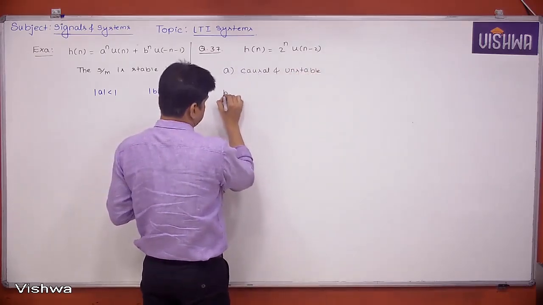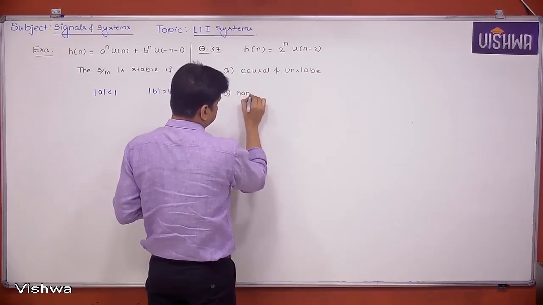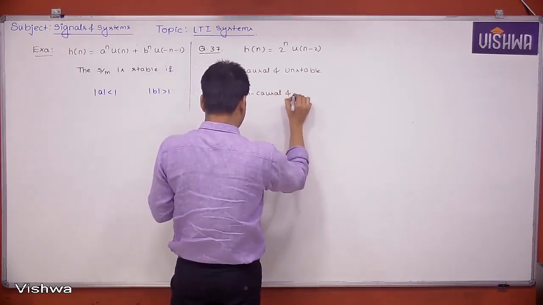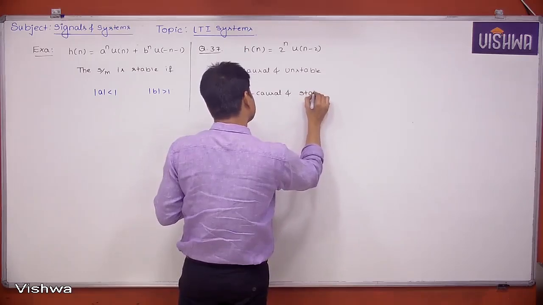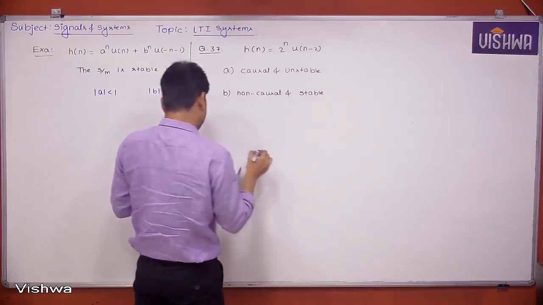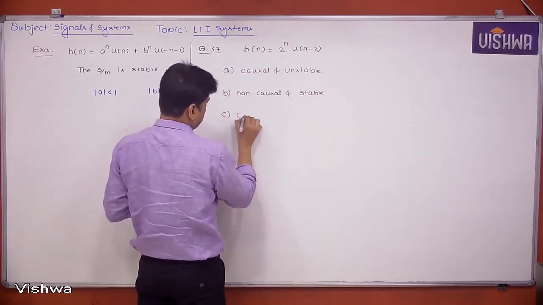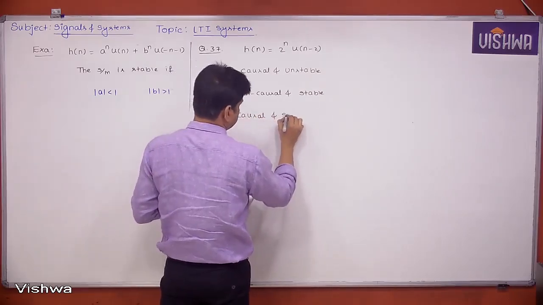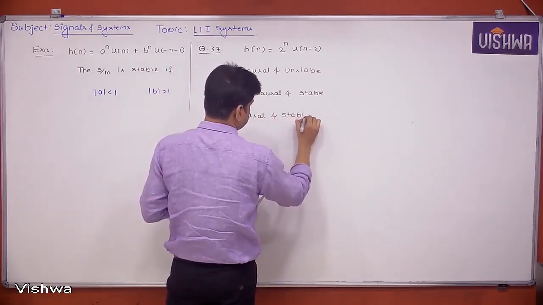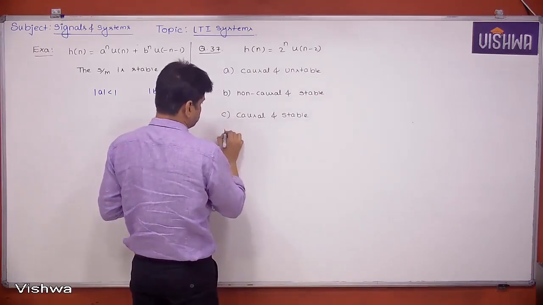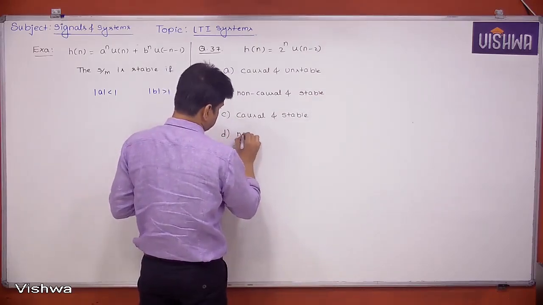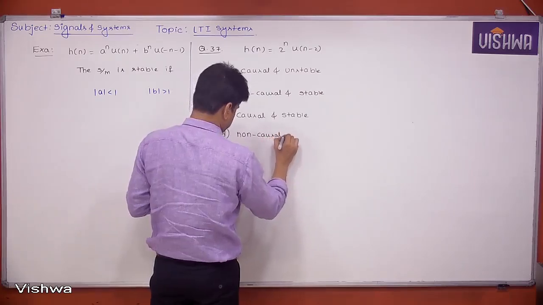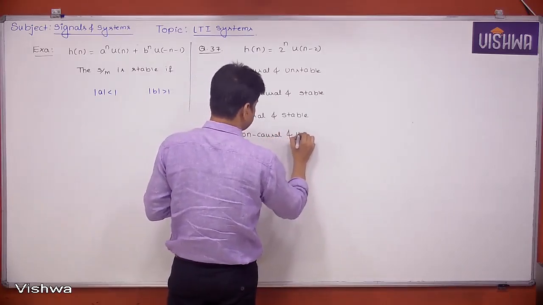Option B, non-causal and stable. Option C, causal and stable. Option D, non-causal and unstable.